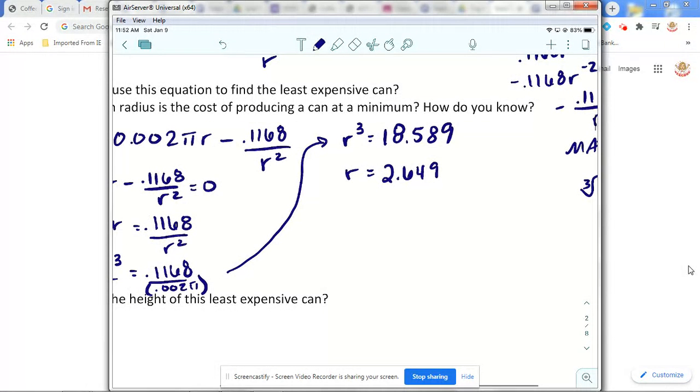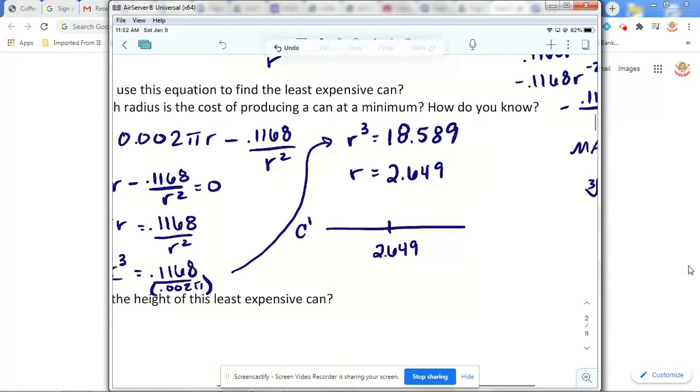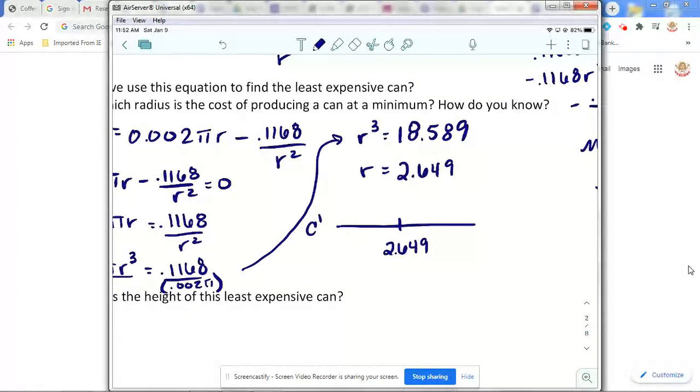Now, we've seen the graph, and so we're pretty sure that that definitely is the minimum value for the radius, but we don't know for sure. We can make sure by doing the first derivative test. All right, and so we would plug in a value on the left side and a value on the right side of your critical number and just make sure it does create a minimum.